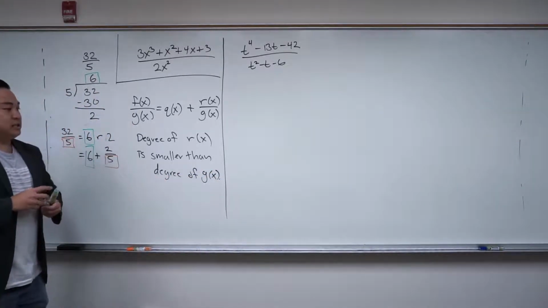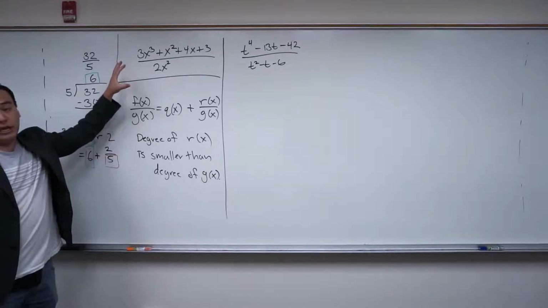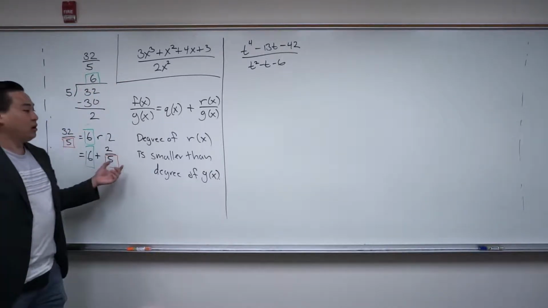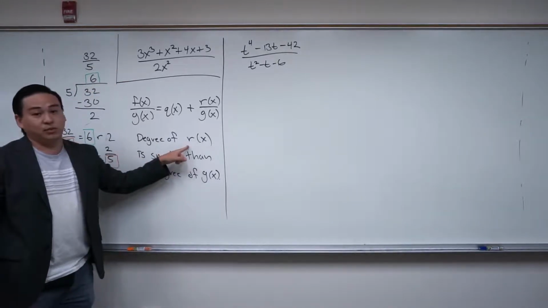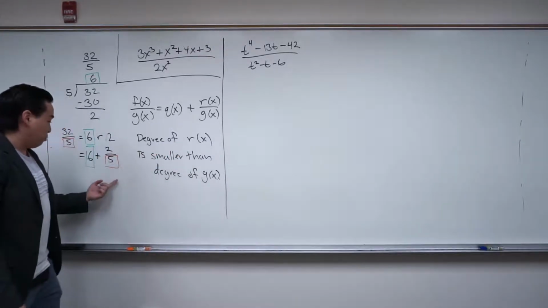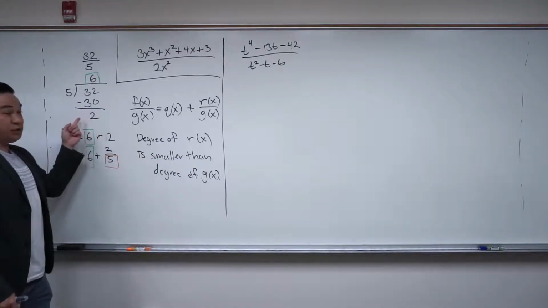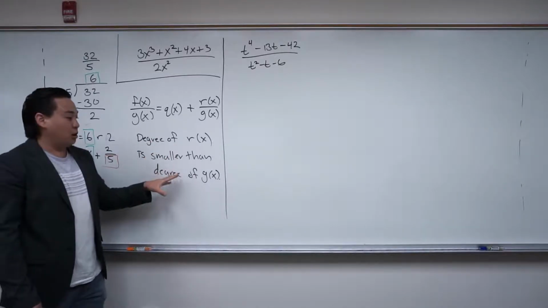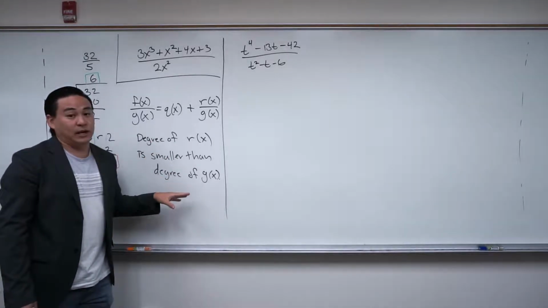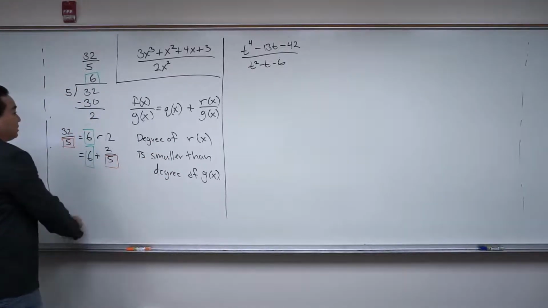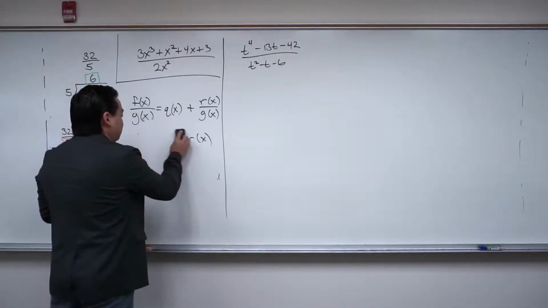So when you're doing this long division and going through this process over here, you'll know when to stop when the degree of the remainder, or this bottom part over here, after you do this subtraction part, is smaller than the degree of the thing you're trying to divide with. So let's just go ahead and do these examples.